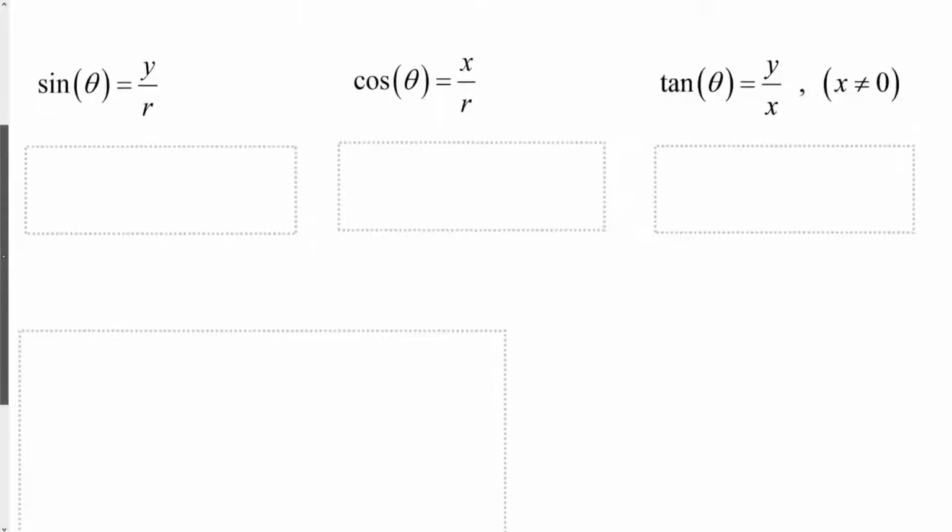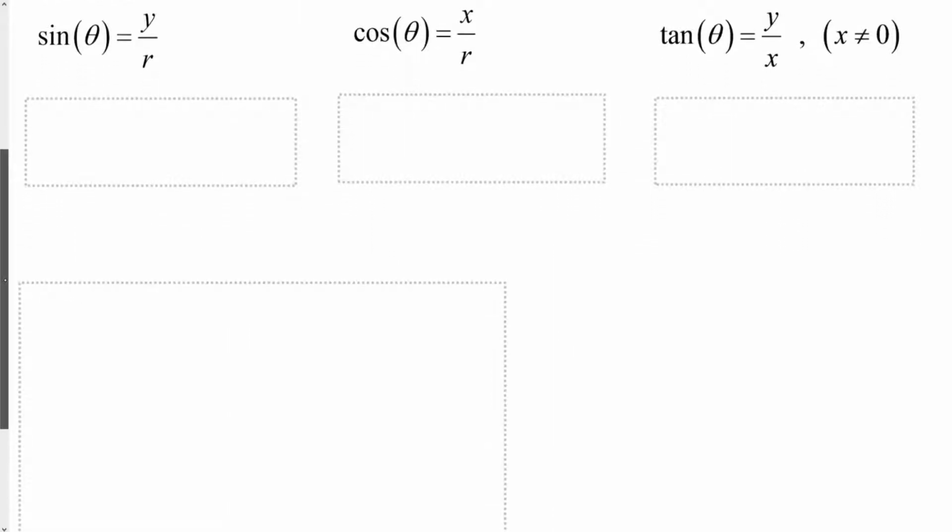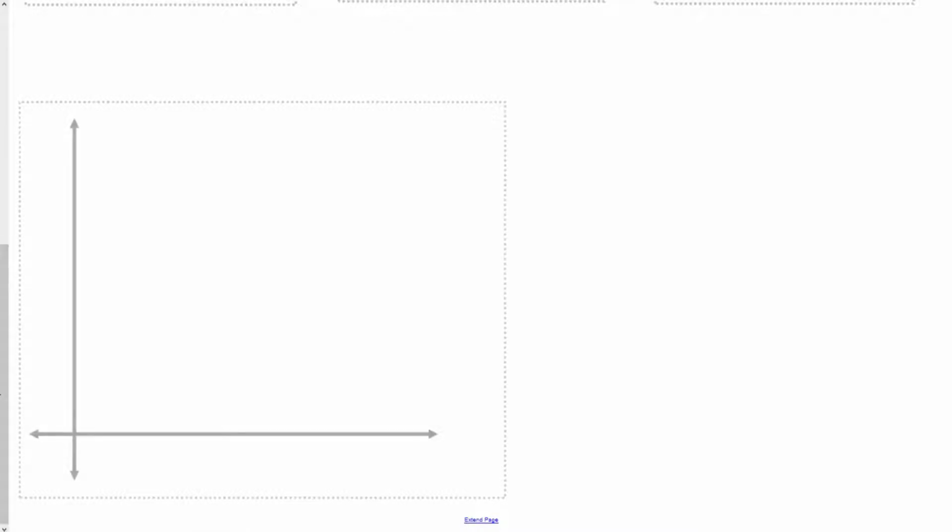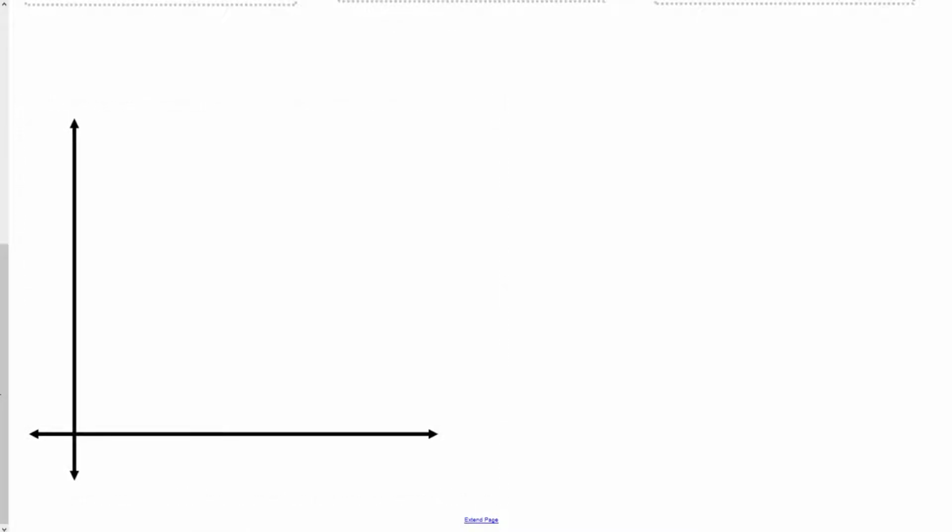Now, before we go into the other trig functions, let's explore why this is the case. Here's a coordinate axes, and I'm calling this my x-axis and this my y-axis. I'm just going to make some random angle measure here. If I have a point on this angle measure, and I'll label it (x, y), what that means is that in order to get to this point, starting from the origin, I have to travel over some distance x.